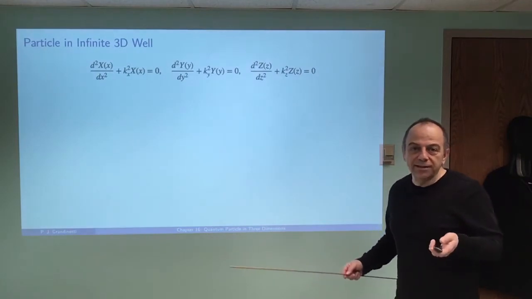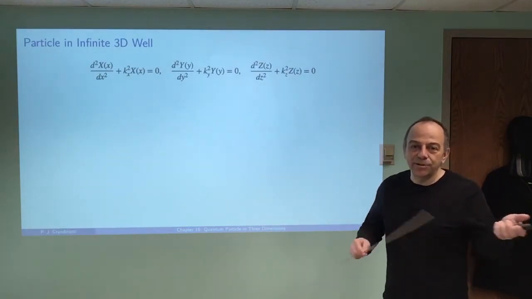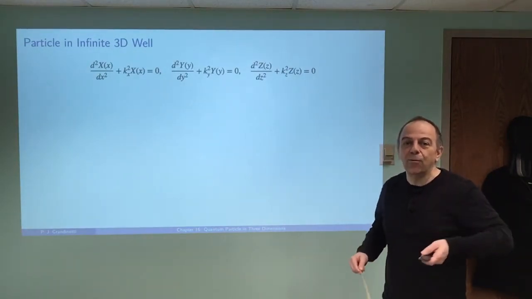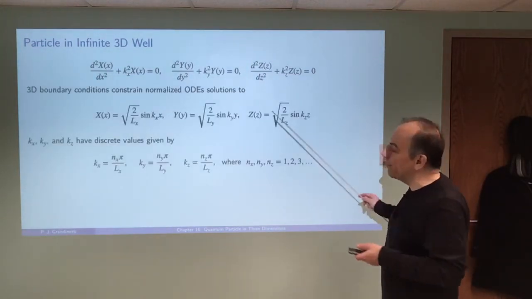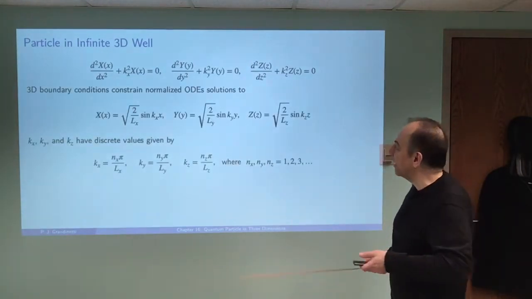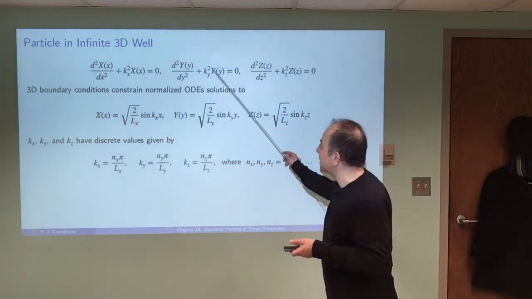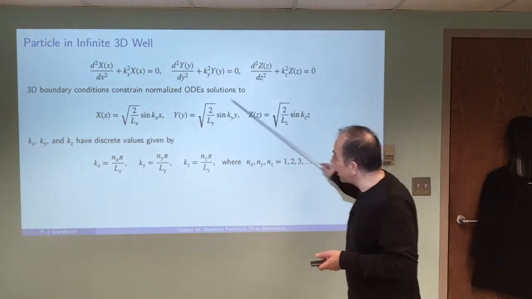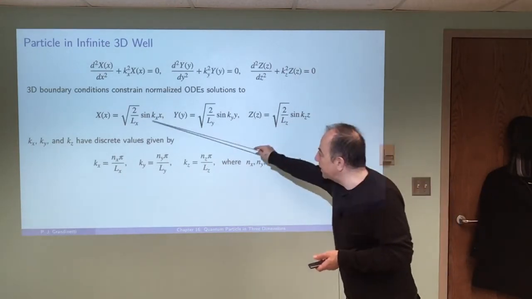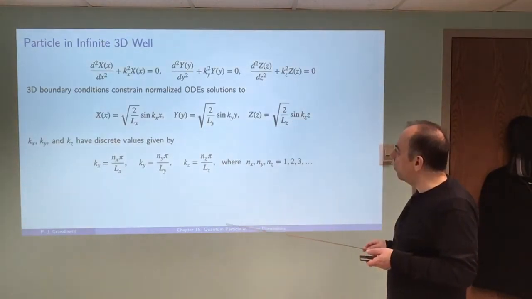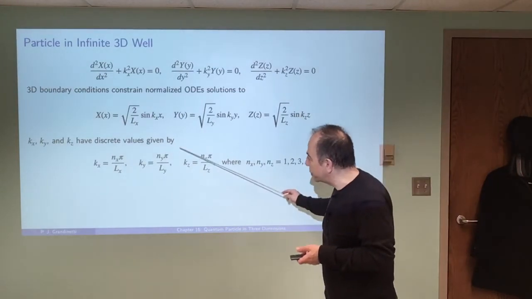Now, each one of these is exactly the same as the particle in the 1D well, so we know the solutions: they're sinusoids. And we know the boundary conditions, how that's going to affect the values of kx, ky, and kz. So here's the result. Solving each one of these, we get these solutions for our wave functions.